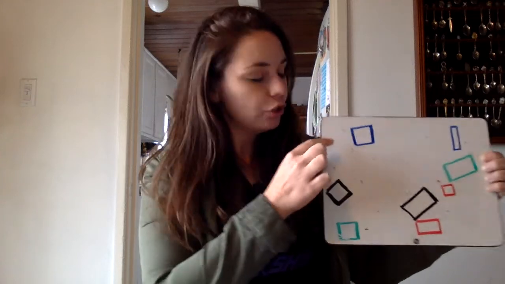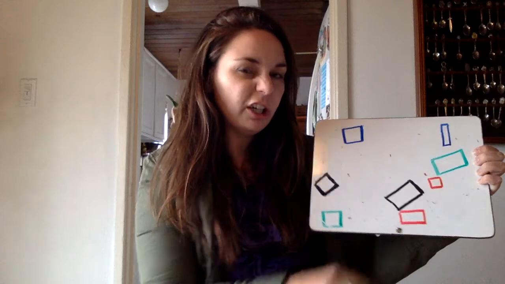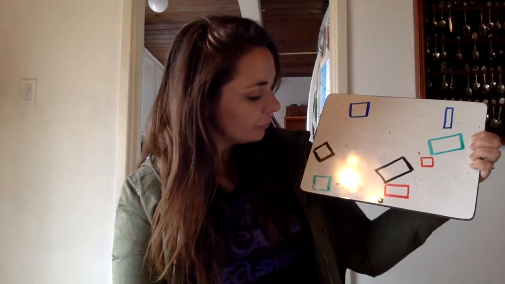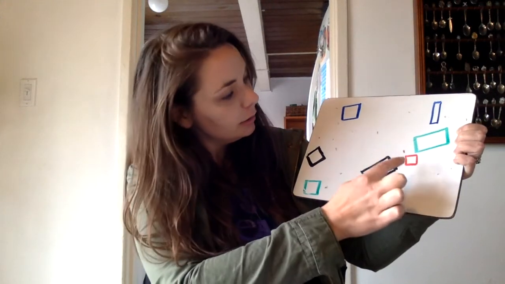And even if they're this direction, or this direction, or this direction, it doesn't change. They're still rectangles. Rectangles do not have to be directly straight up or down, or sideways. They could be a little crooked. They're still rectangles. I also see squares.